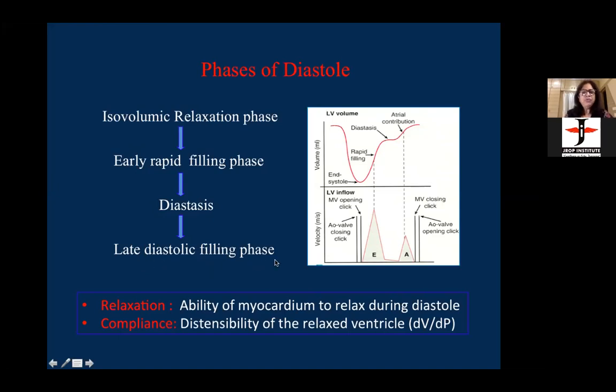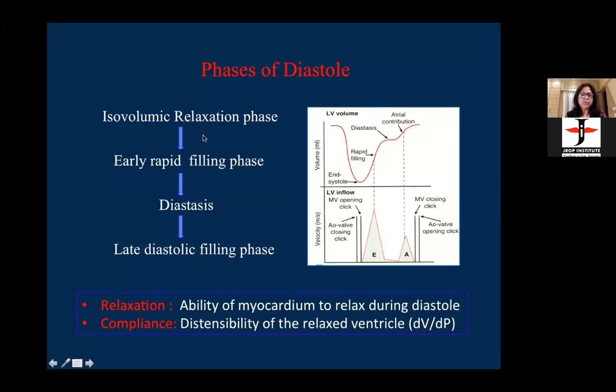Now, if we look at these different phases of diastole, we find that there are two factors which are actively involved in the process of diastole of the ventricle. One is relaxation, as I said, which is an active process, and it is the ability of the myocardium to relax during diastole because of removal of calcium ion from the troponin C. And another is compliance.